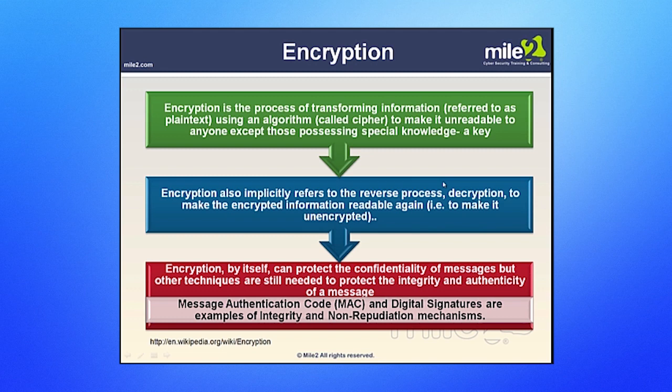Encryption transforms information that may start out looking like plain text into an unreadable format, so those that do not have the decryption key or keys would not be able to read the information. Encryption is considered a reversible process if you have the right key and algorithm.